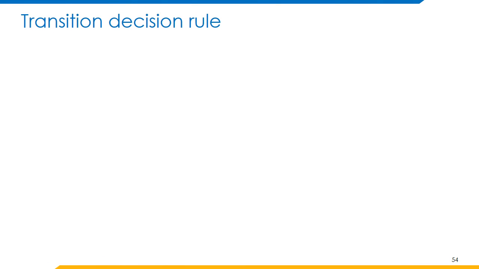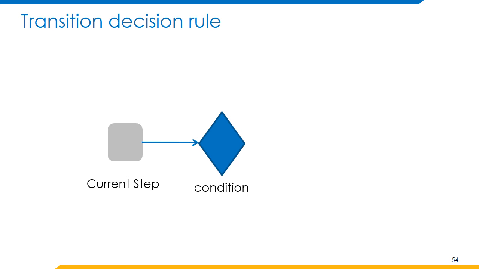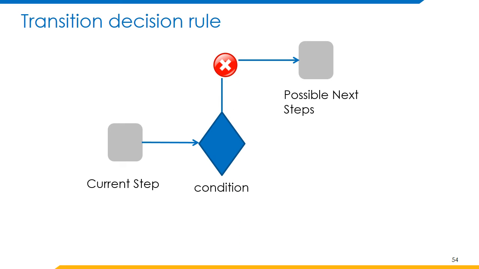Transition decision rule. Workflows do not always follow a linear flow of steps. They will also have branched flow, which mandates transition to other steps based on conditions. This condition can be represented using a rule also. The transition decision rule is a rule that could be used to do the same.